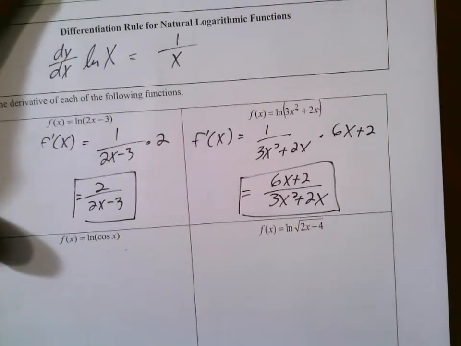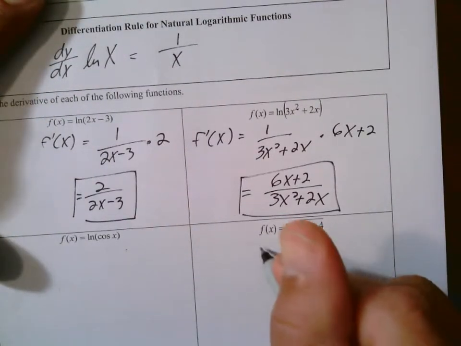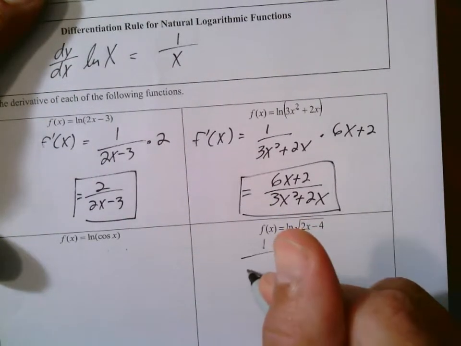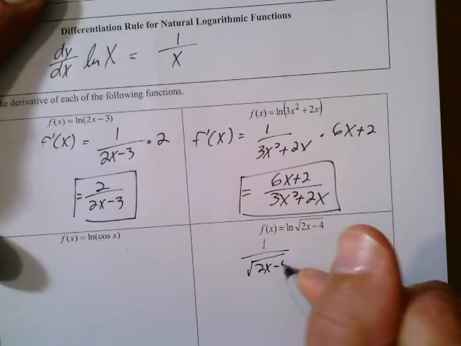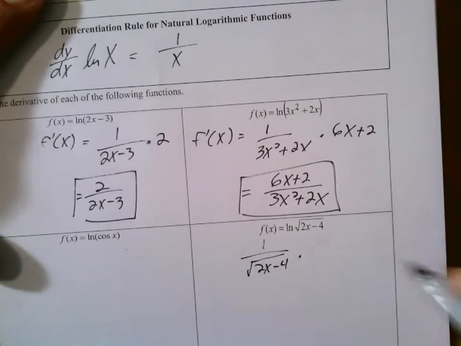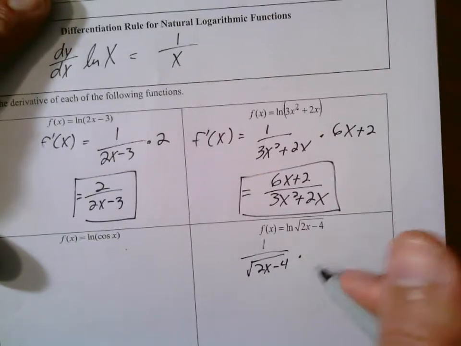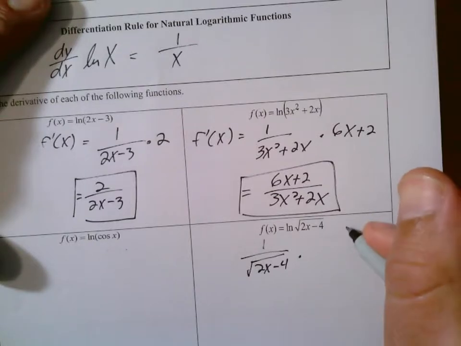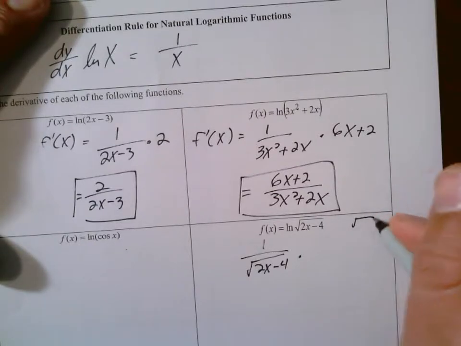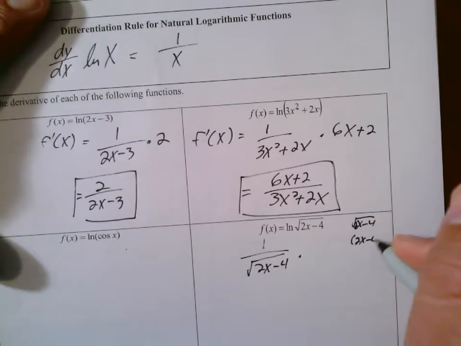Here we've got chain rule times 2. So I've got 1 over the square root of 2x minus 4 times the derivative of the square root of 2x minus 4. Now if you recall, the square root of 2x minus 4 is 2x minus 4 to the 1/2.